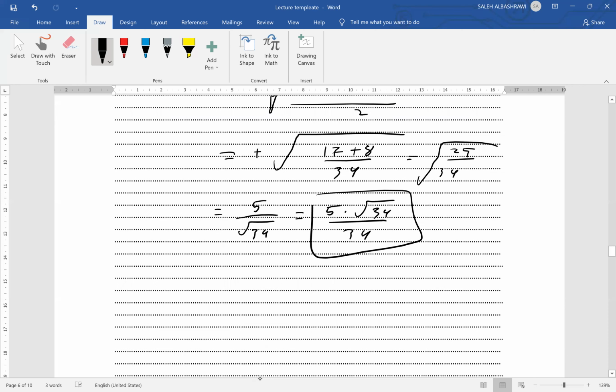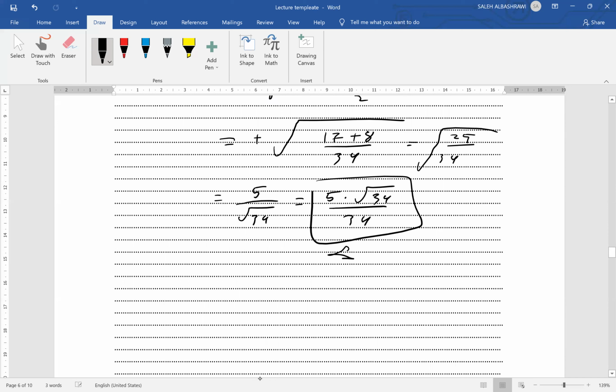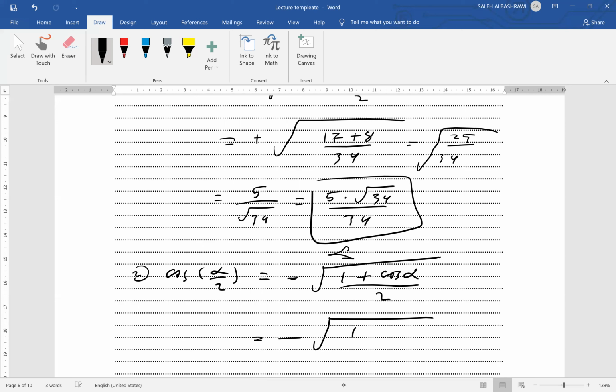For cosine alpha over 2, the cosine alpha over 2 was in the second quadrant, so it is negative: minus square root of (1 plus cosine alpha) divided by 2, which is equal to minus square root of (1 minus 8 over 17) divided by 2.